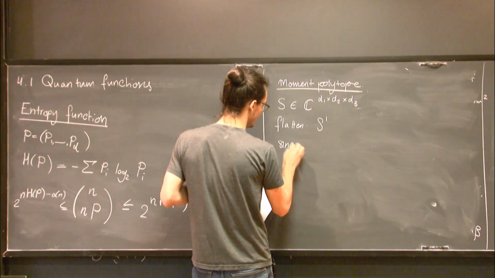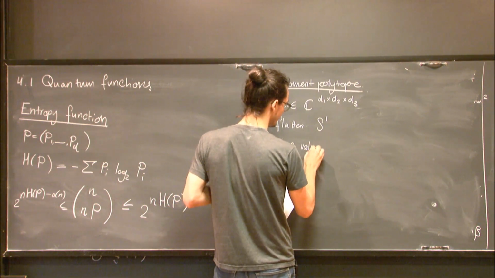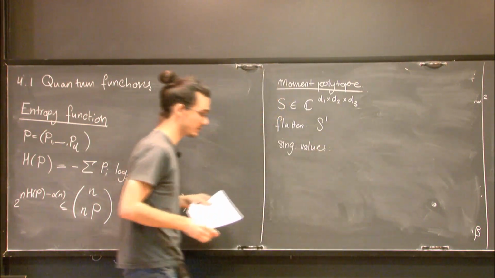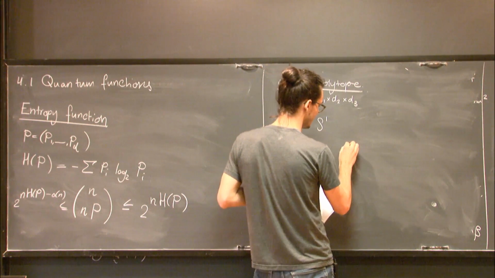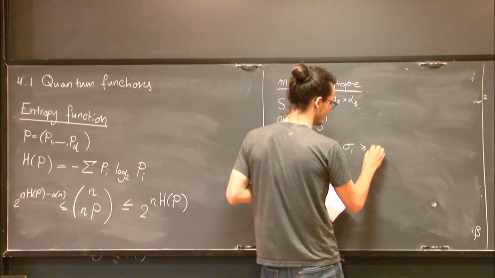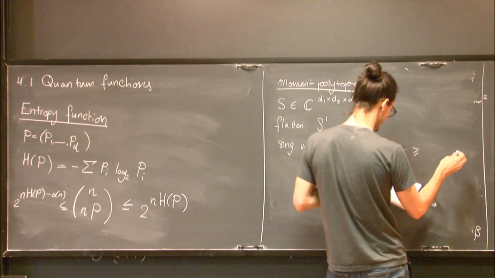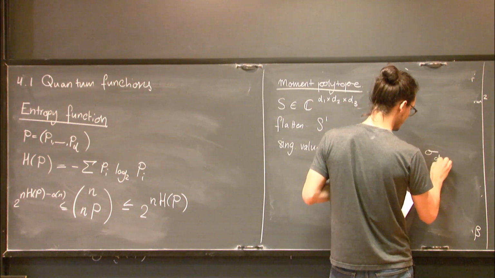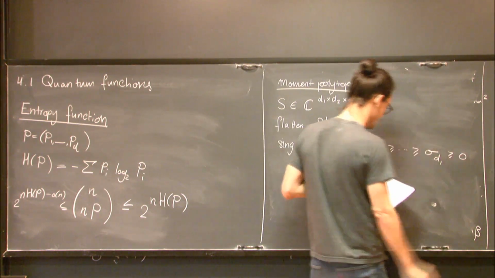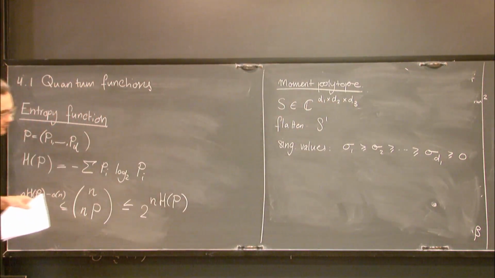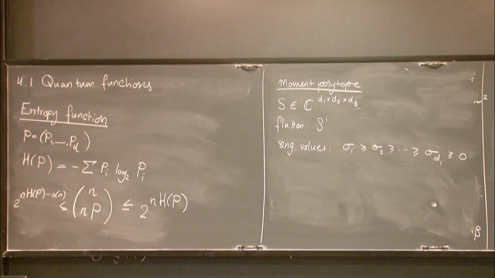We now take the singular values of this matrix. Let me call them sigma 1, sigma 2, etc., up to sigma d1. So these are non-negative real numbers. I've ordered them like this.